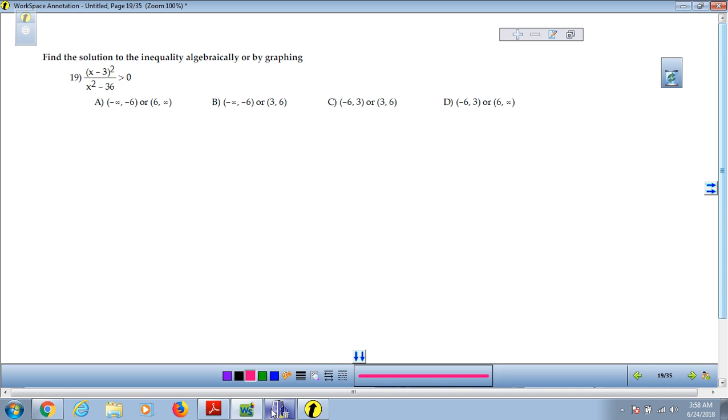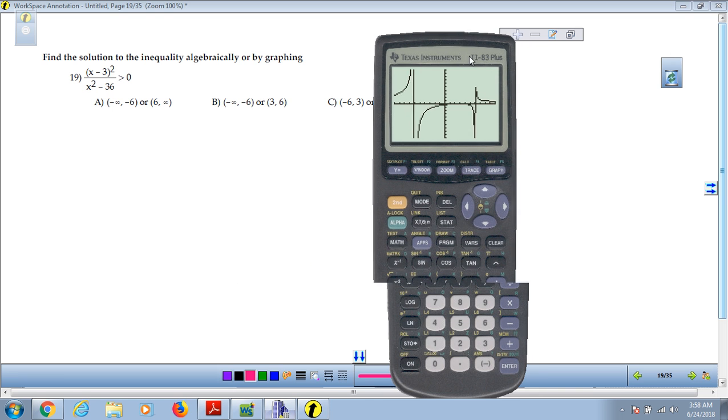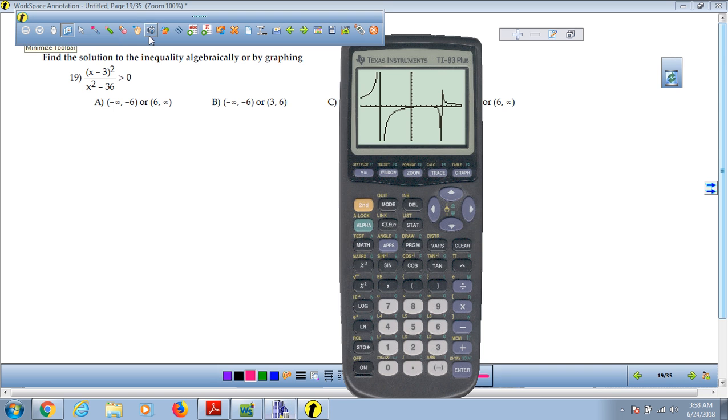19. Find the solution to the inequality algebraically or by graphing. Okay, honestly, I think the easiest way you could probably do this, let's see if with the calculator it's an easy thing to figure out. I would try to use the calculator if possible. Just be careful how you put this into your calculator. Okay, so we graph it. I don't think it's that bad to do it with the calculator.